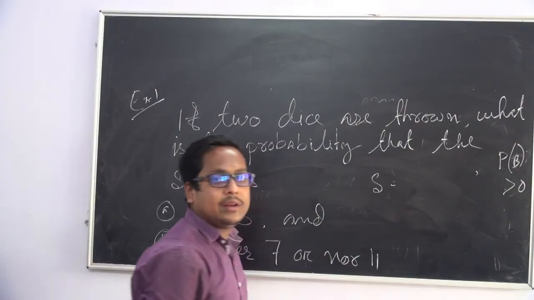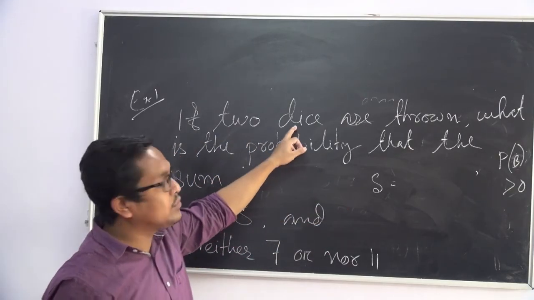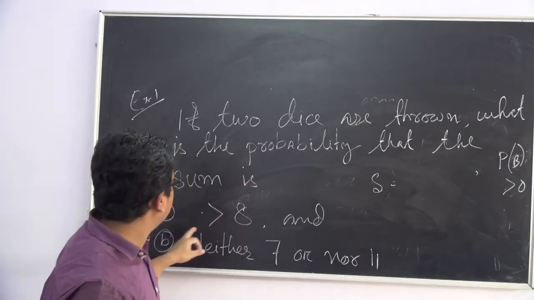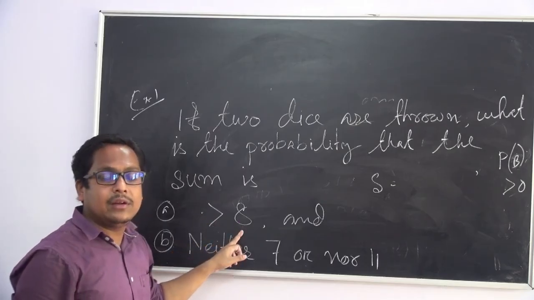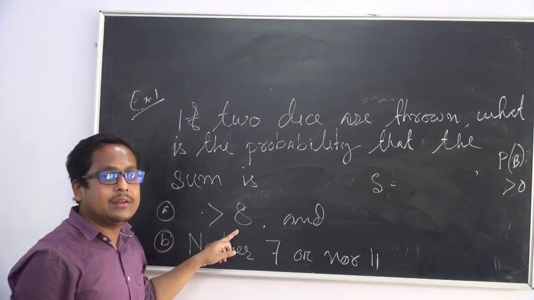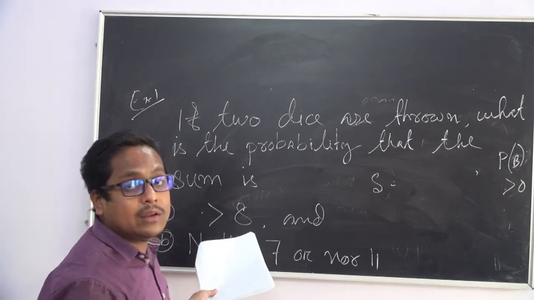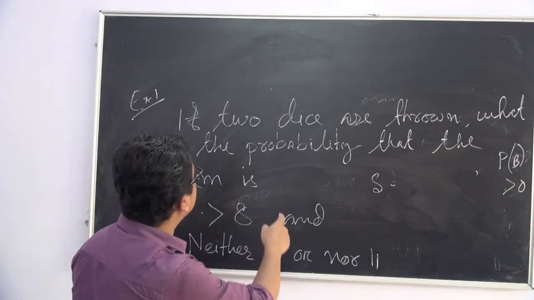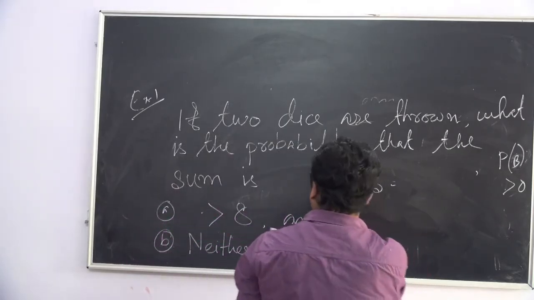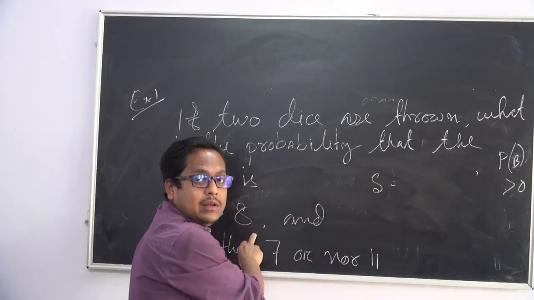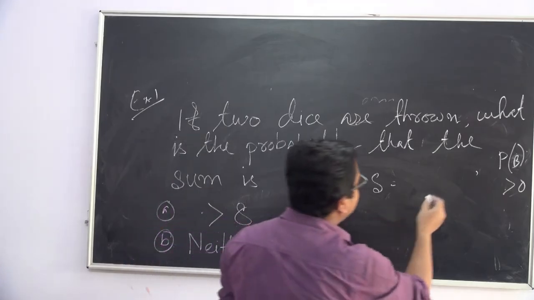If S denotes the sum of the result of two dice thrown. The first question is, the sum is greater than 8. So see, what sums can we get for throwing two dice? For greater than 8, it may be 9, 10, 11, or 12.